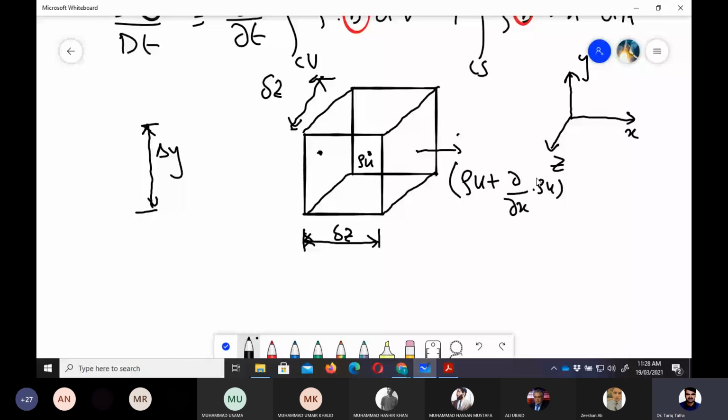And to calculate the mass flow rate, we know it is rho V into area, where area is the perpendicular area through which it flows, so for this it would be rho u into delta y delta z. And why is there delta x by 2? Because the distance between this point and the right face is equal to delta x by 2.